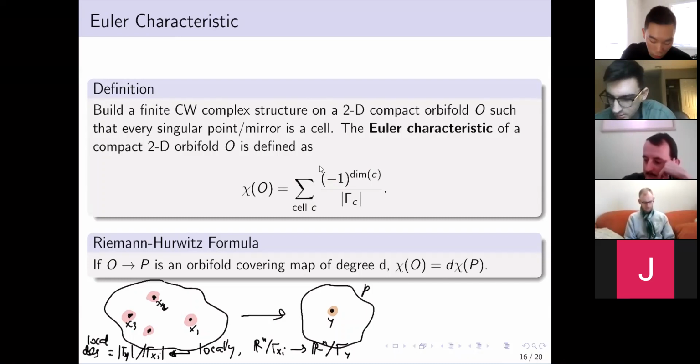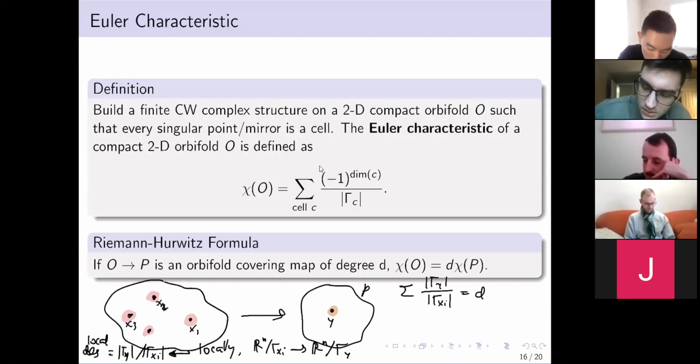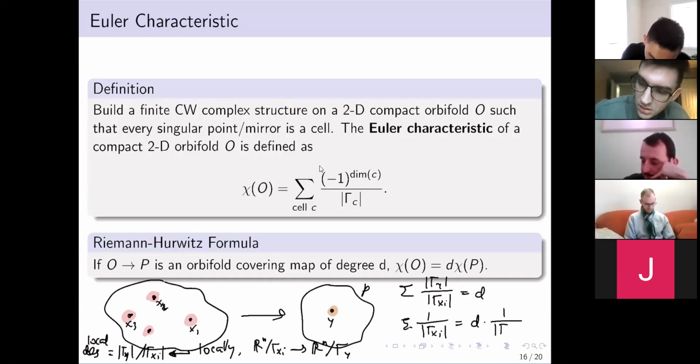Combining all these across all the pre-images, I know for sure that the sum of the local degrees, which is the sum of this guy divided by gamma xi, is just going to be D. I'm summing all the local degrees to get D in total. Then I can rearrange this, and I get the sum of 1 over the order of gamma xi equals D times 1 over the order of the isotropy group at y.